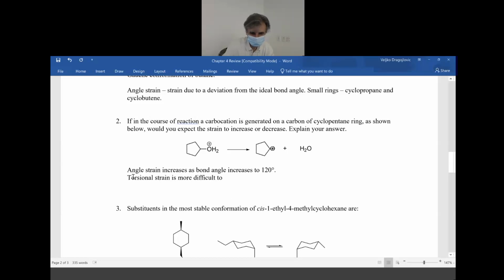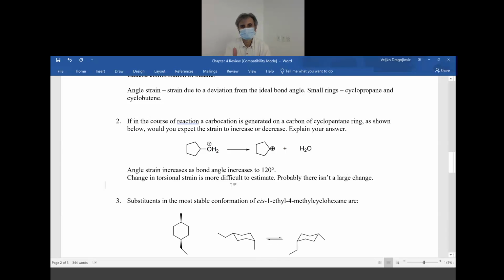Change in torsional strain. We can say, as an educated guess, that it probably remains about the same, or there isn't a large change in torsional strain.